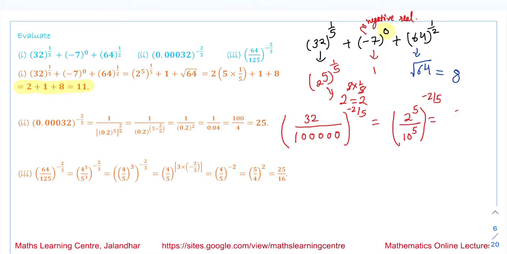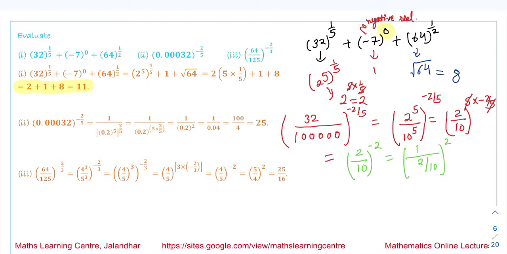So this is equal to 2 by 10, whole raised to the power 5 into minus 2 by 5, because when the powers are the same you can collect those terms. The 5s get cancelled and the answer is 2 by 10 raised to the power minus 2. What is 2 by 10 raised to the power minus 2? It is 1 over 2 by 10 raised to the power 2.